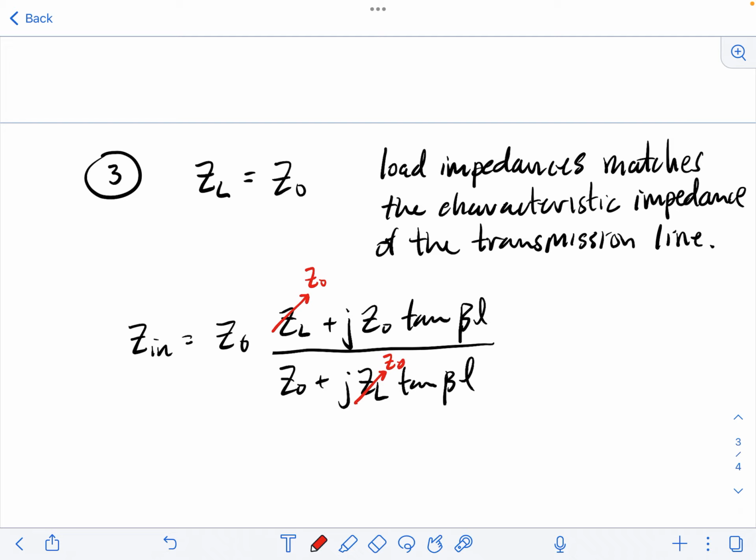And then the numerator and the denominator are exactly equal, so they just cancel completely, and we get Z0.